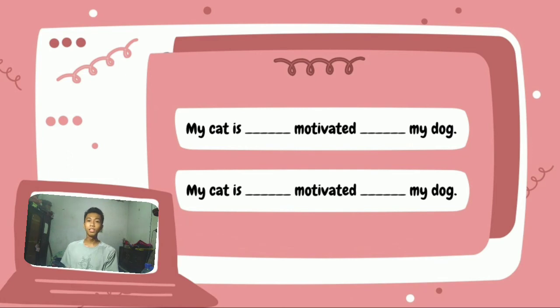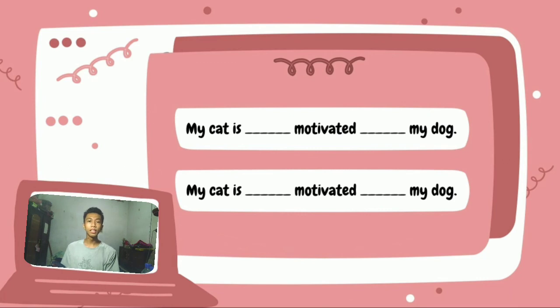Note that a positive degree sentence is characterized with the formula of subject plus verb plus as plus adjective plus as for the positive sentence, and subject plus verb plus not plus as plus adjective plus as for the negative sentence. Because there is no other condition than that, this sentence can be included in a positive degree comparison sentence.